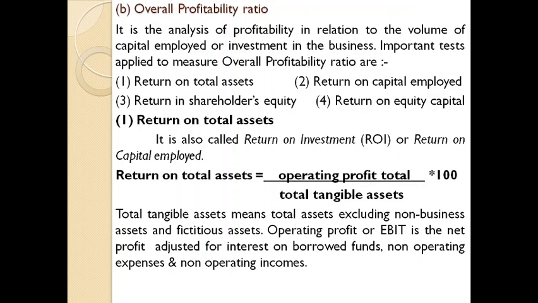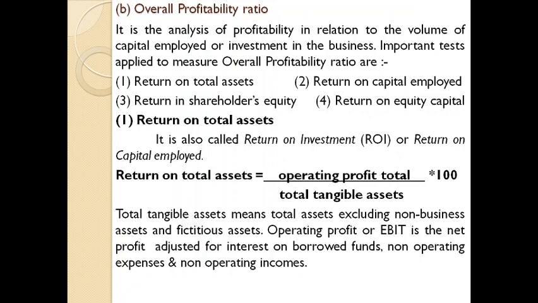Such investments are known as non-business assets because they don't have any direct relation with my mode of activity, which is shoe manufacturing. And fictitious assets include preliminary expenses, discount on issue of shares and debentures, something like that. Just go through all these examples.